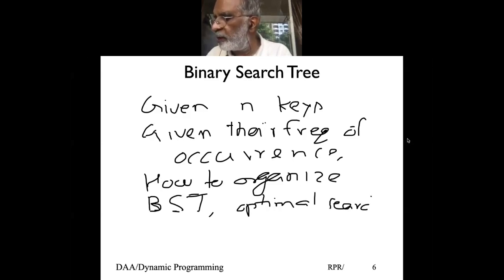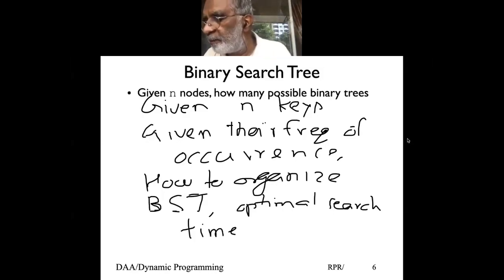That means on the average, if I search, I get this optimal search time, and this is what we are looking at. So let's look at primarily what we are saying.